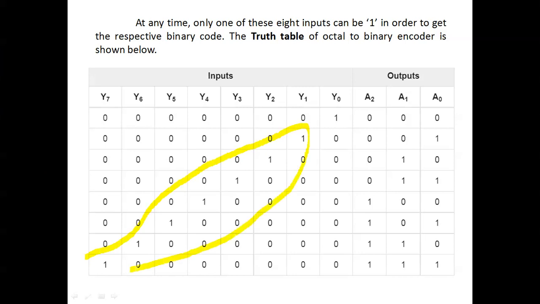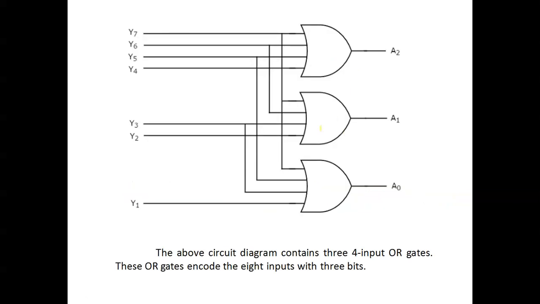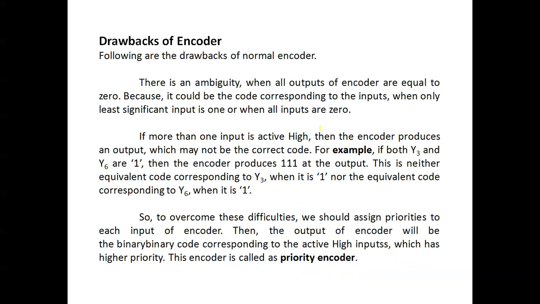See the outputs, this will be like that. So 0 to 7. So the expression for the encoder, the logic diagram for the encoder, and the drawback of the encoder.